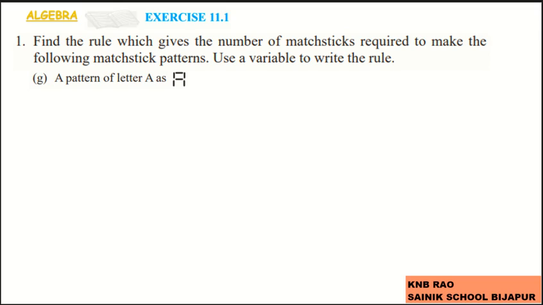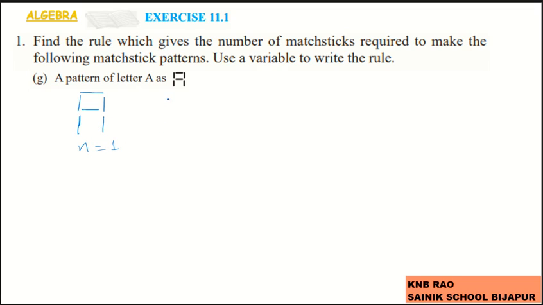Now coming to the pattern of letter A. Now try to observe, children, here to form a letter A, I need 1, 2, 3, 4, 5, 6. So in total I need 6 matchsticks to form one letter A, where n equals 1.